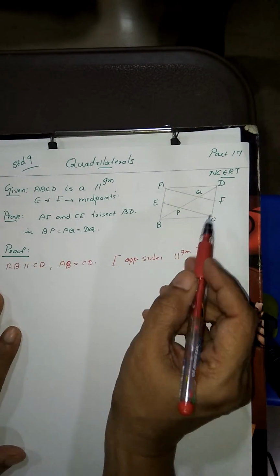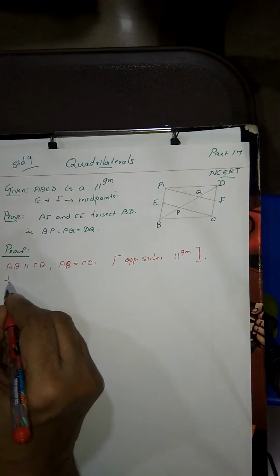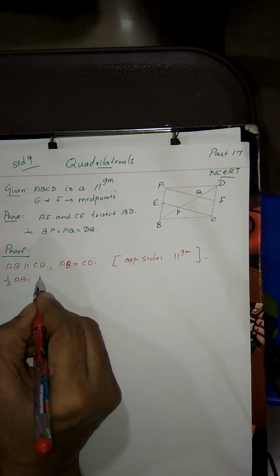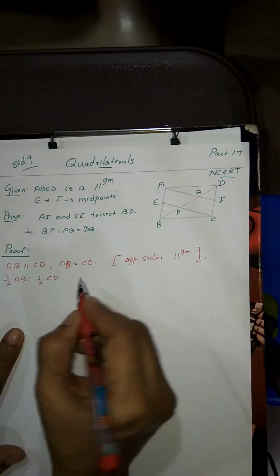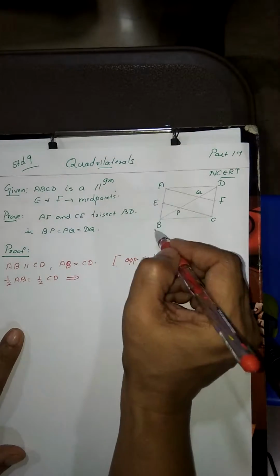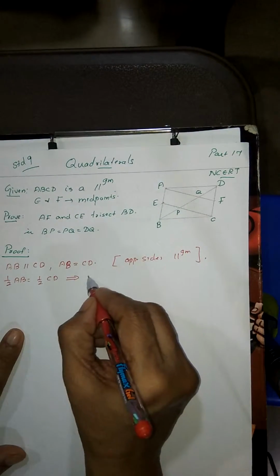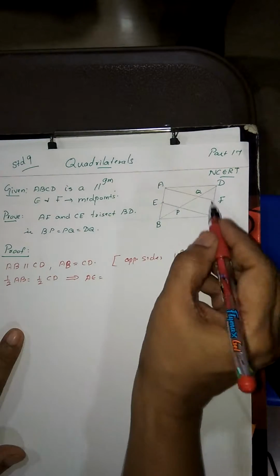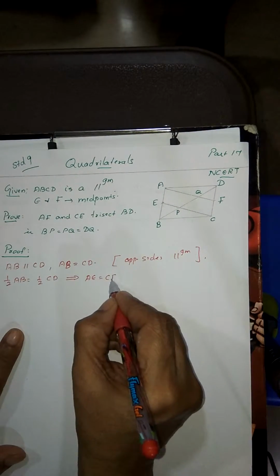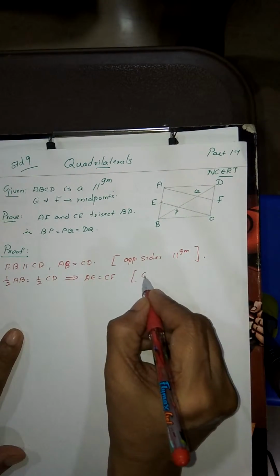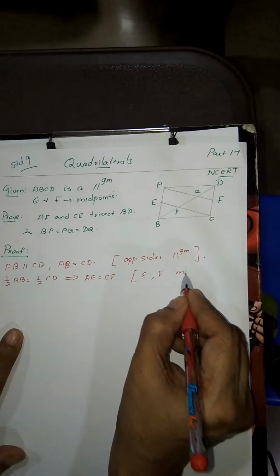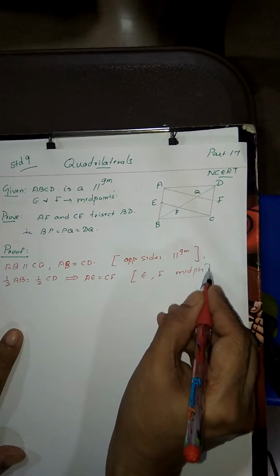Now AB is equal to CD. Now half of AB is equal to half of CD, from which you get what is half of AB. You can write it as AE. AE is equal to, we will write CF, because E and F are midpoints. Is given.